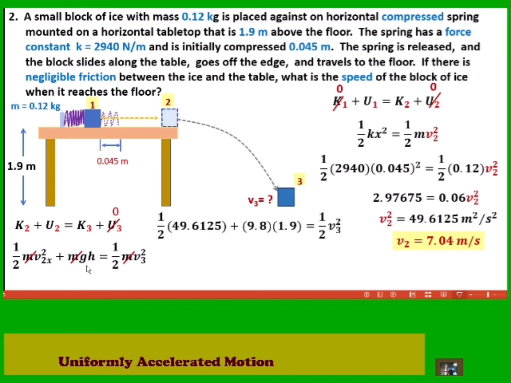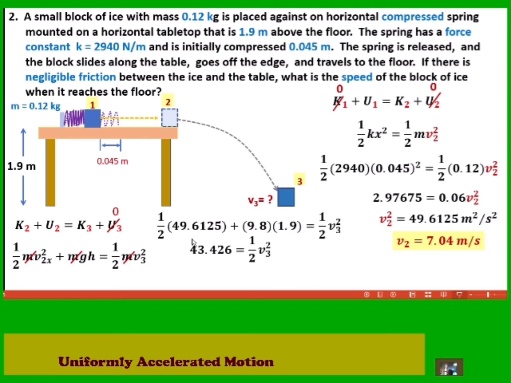then substitute v sub 2 squared. This is v sub 2 squared, this value, and acceleration due to gravity g, 9.8, height 1.9.